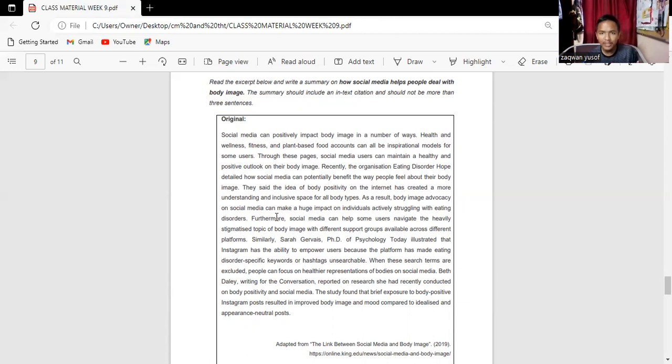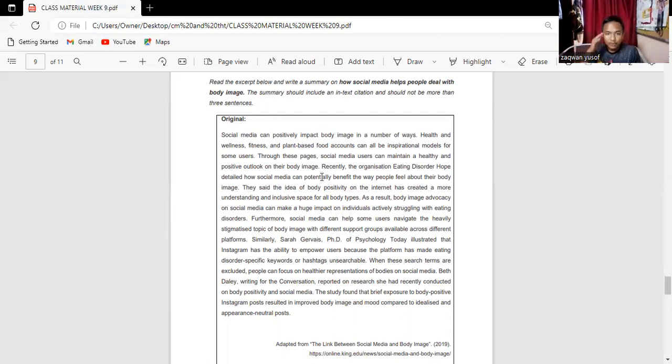As a result, body image advocacy on social media can make a hard impact on individuals actively struggling with eating disorders.